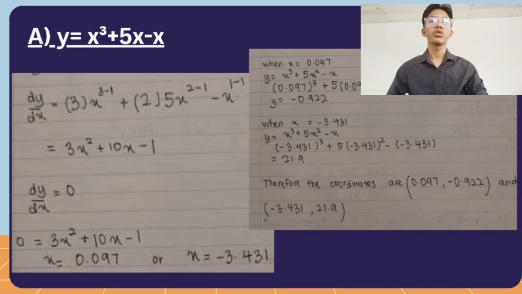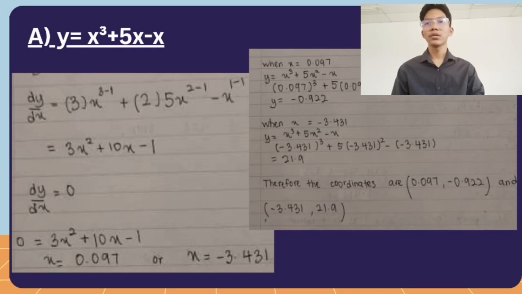Next, I will go to the first question. y equals x power of 3 plus 5x power of 2 minus x. We will do dy/dx, and we get 3x power of 2 plus 10x minus 1.